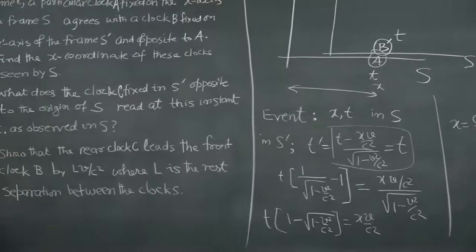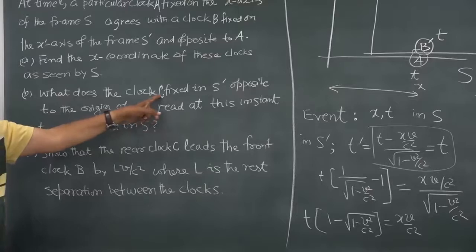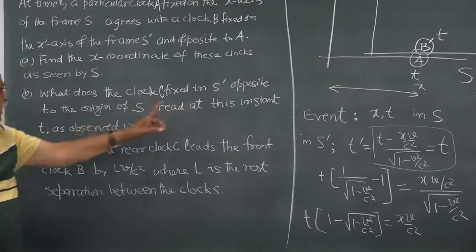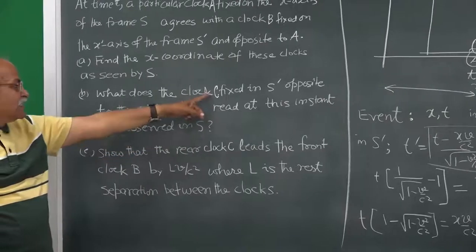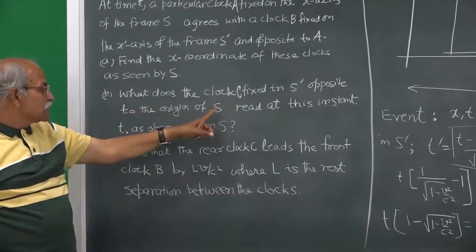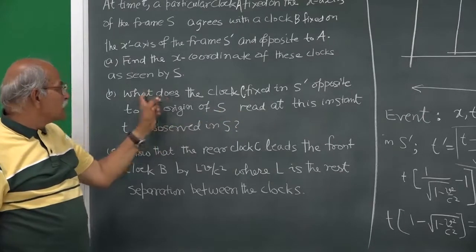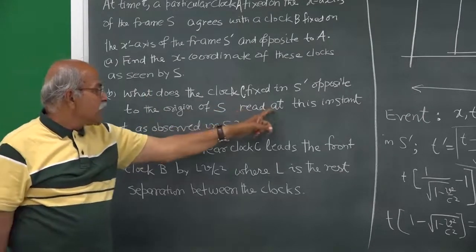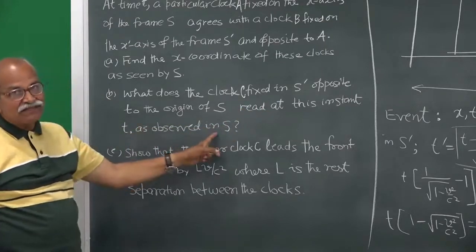Now, the second part is, what does the clock C fixed in S prime opposite to the origin of S read at this instant t as observed in S?